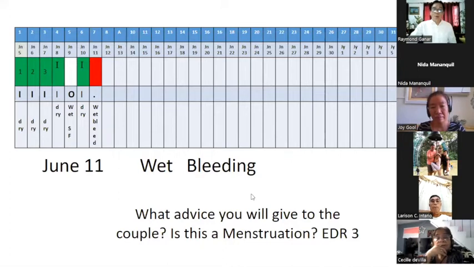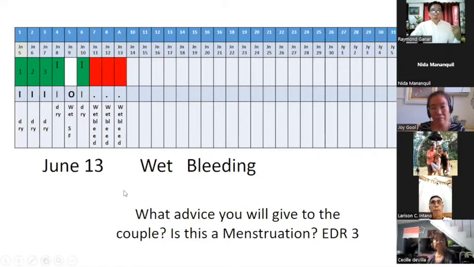What happens now on June 12? June 12, bleeding, shaded circle. Again, this is not a menstruation in our own interpretation. June 13, with bleeding again, not a menstruation, EDR3.